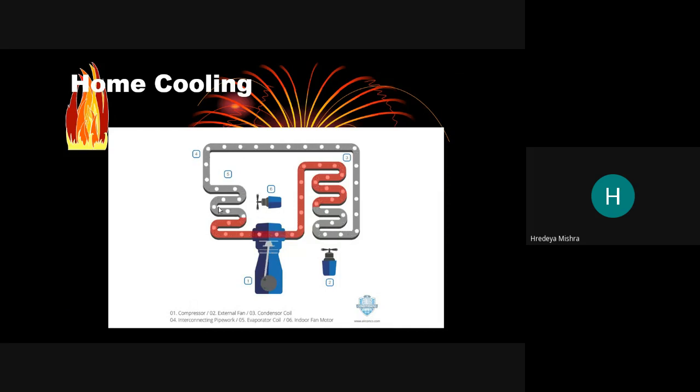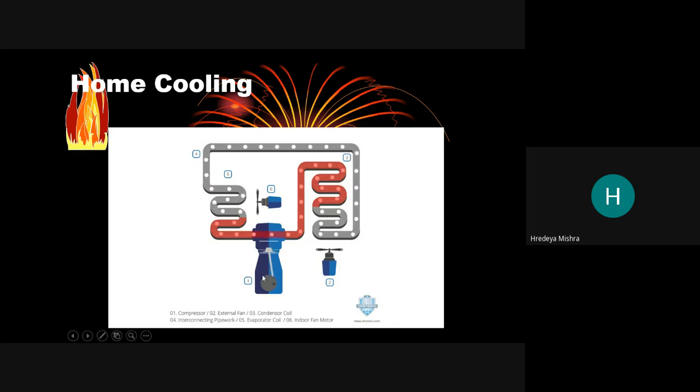And fourth is the interconnecting pipe work. See, that is our interconnected pipe work. Fifth is the evaporator coil. And sixth is the indoor fan motor.